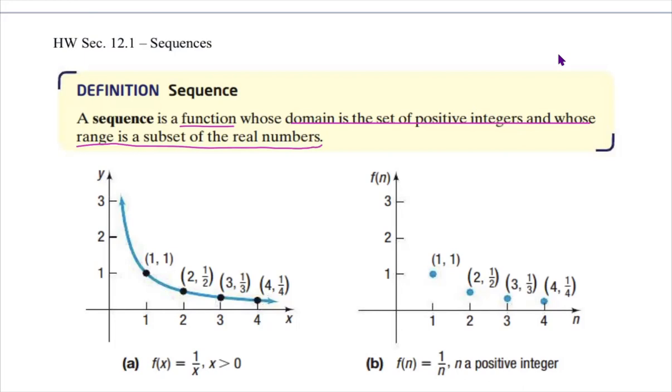So the domain is going to be only positive integers when talking about a sequence. For a sequence, the domain is always going to be positive integers.